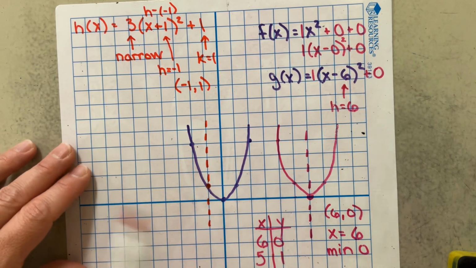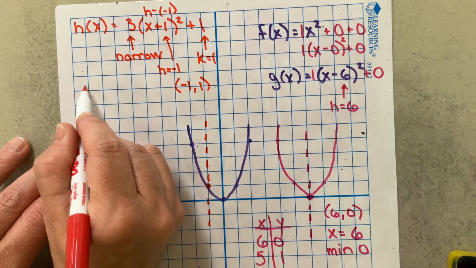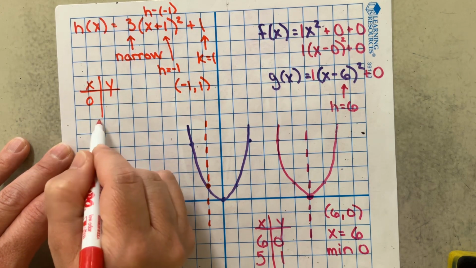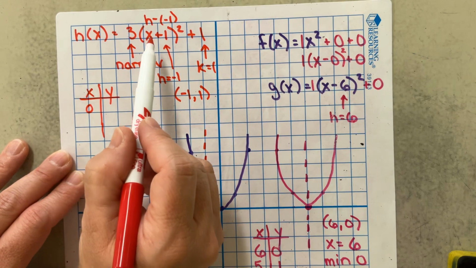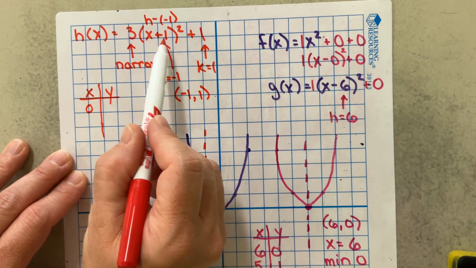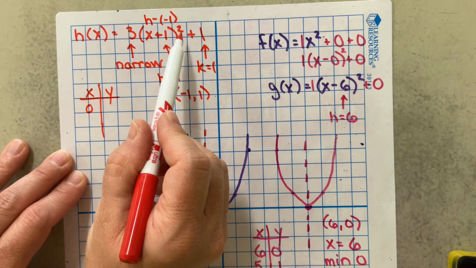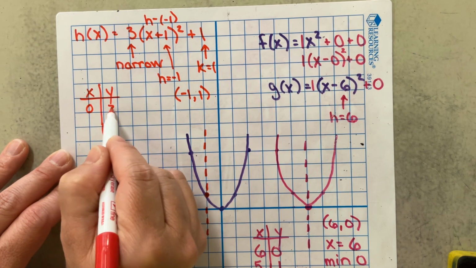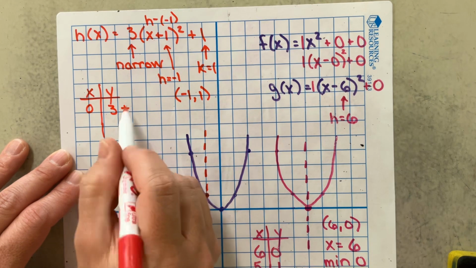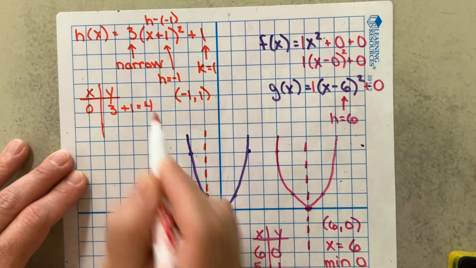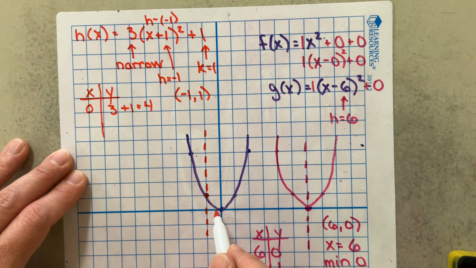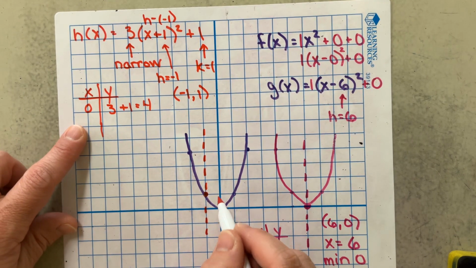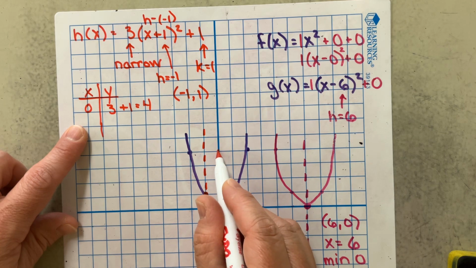Now, let's try some numbers so that we can see. Let's set up our table, x and y. Let's try when x is 0. So 0 plus 1 is 1. 1 squared is 1. 1 times 3 is 3, plus 1, and that gives us 4. So when x is 0, we're going to go to 1, 2, 3, 4.